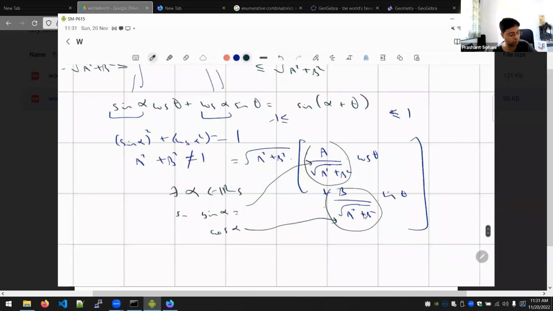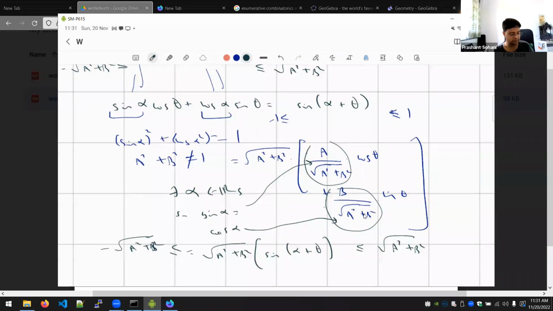So your original expression becomes simply root of A square plus B square times (sin alpha cos theta plus cos alpha sin theta), which is sin of alpha plus theta. The sine itself is between 1 and minus 1, but with the multiplying factor, the actual expression becomes between root of A square plus B square and minus root of A square plus B square. Okay, so this is a good side piece of information to keep in mind.